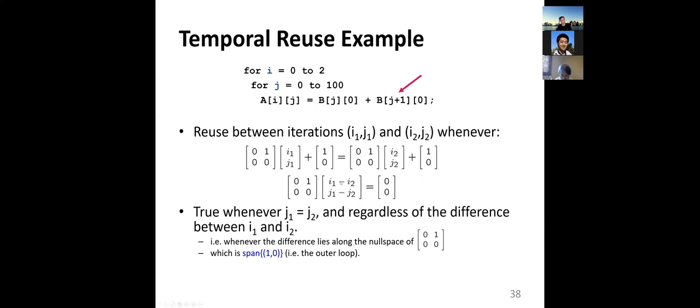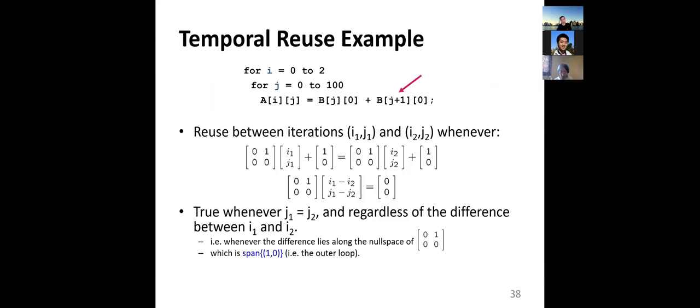So there's nothing that depends on i here, essentially. What matters is that it's true whenever j1 equals j2, regardless of the difference between i1 and i2. So essentially, what it tells us is that it goes along the null space of this matrix, which means a span of (1, 0) in the outer loop, right? So it means that as soon as the j's are equal, i can be anything, right?